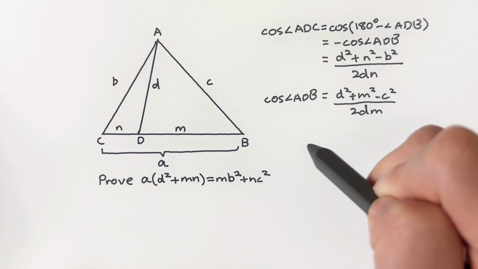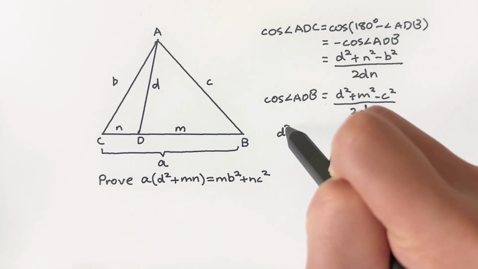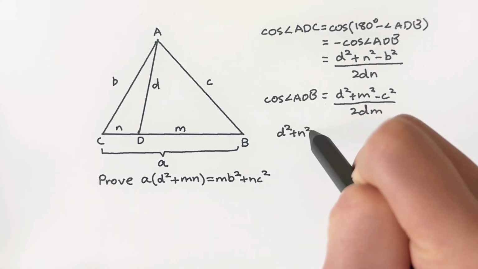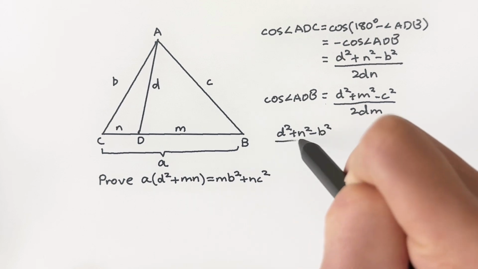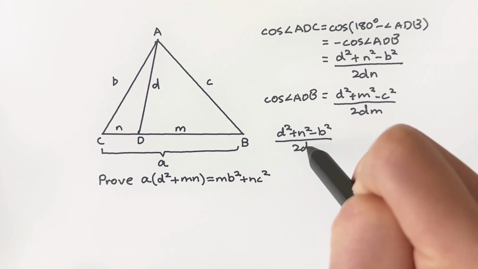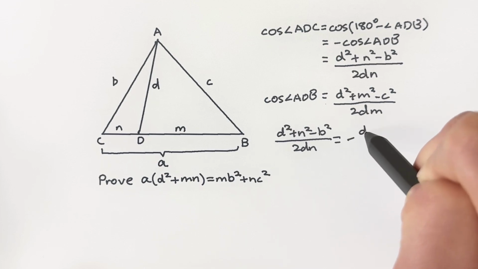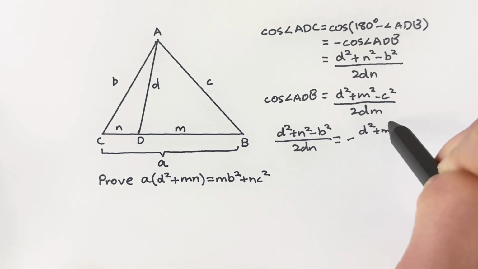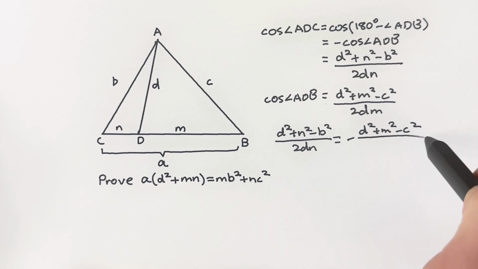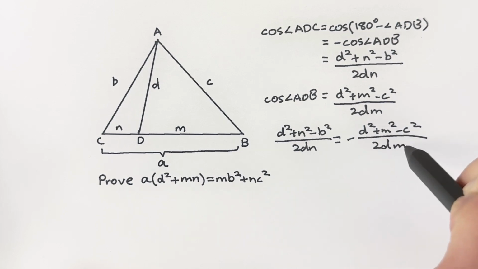This will give us d squared plus n squared minus b squared divided by 2dn equals negative d squared plus m squared minus c squared divided by 2dm. We want to remove the fraction, so we can multiply both sides by a common denominator, 2dmn.